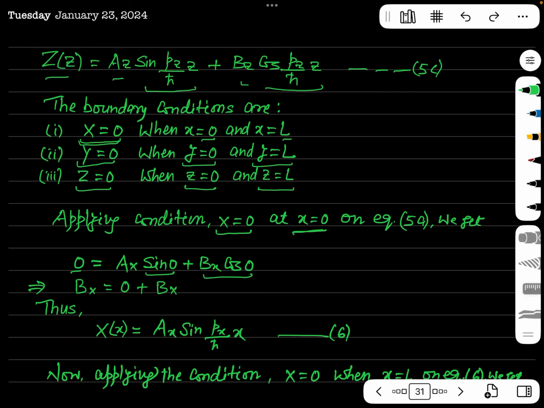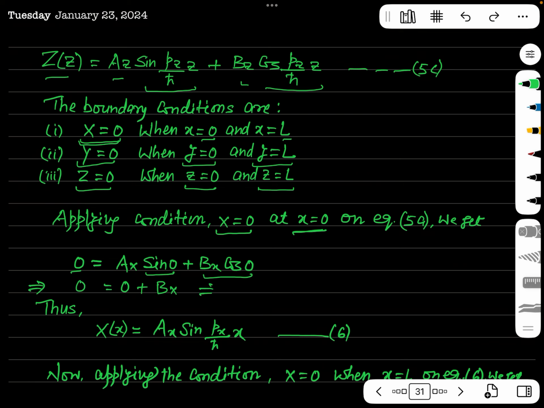And your LHS is 0. So this result shows that the constant Bx is equal to 0. So applying this boundary condition, we have obtained the value of the constant Bx, which is found to be 0.